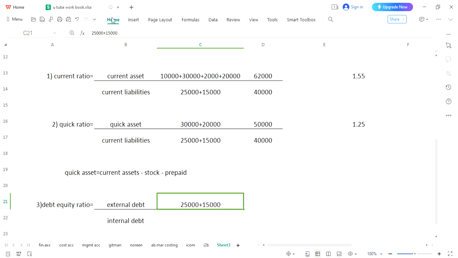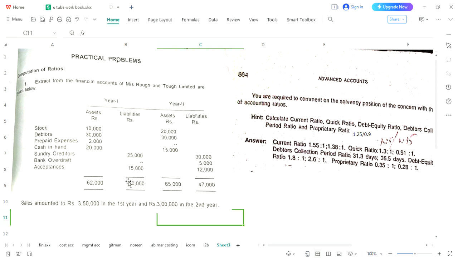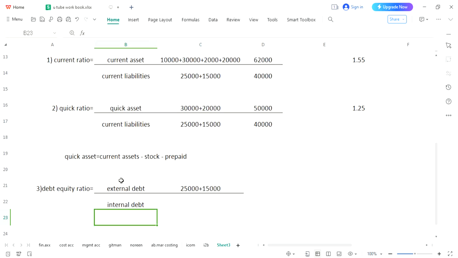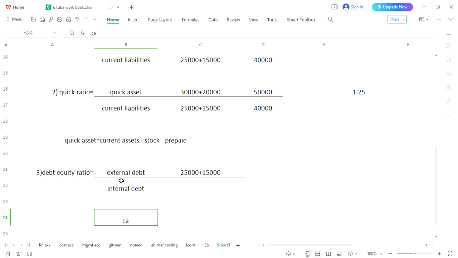And now for internal debt, as you know that here balance sheet should always be equal, assets should be equal to liabilities, and here they are not equal. But we do know if capital is missing in any question, how would you calculate that capital?